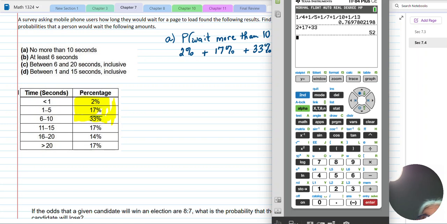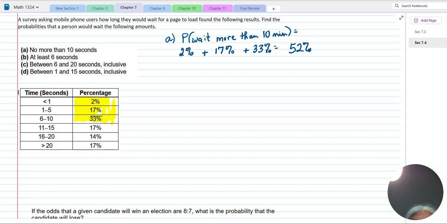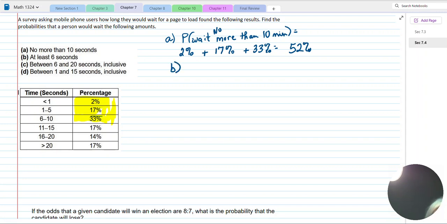And I get 52. So 52% of the people they surveyed said that they would be willing to wait no more than 10 minutes. I forgot the no. Thank you. All right. Okay, now we have the second one.